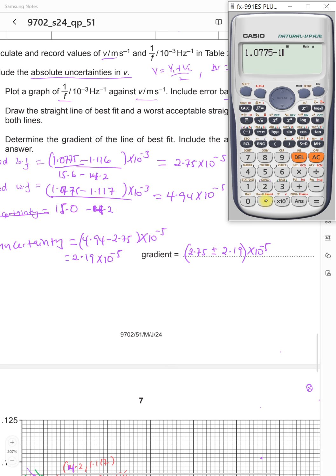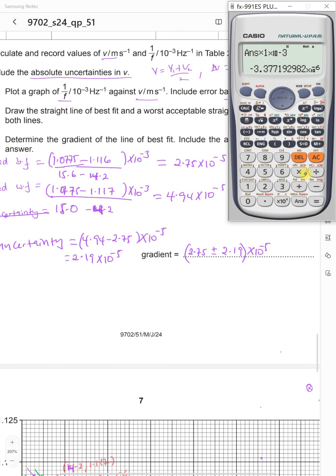So 1.0775 minus 1.116 divided by 15.6 minus 4.2, then times 1 exponent minus 3.